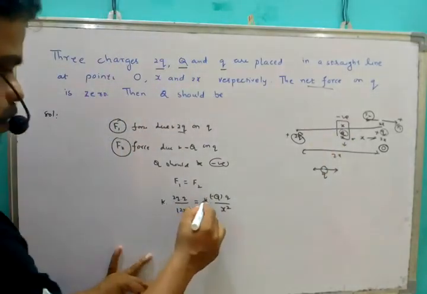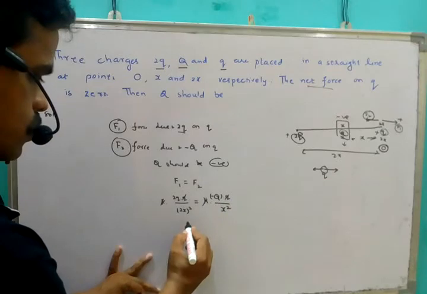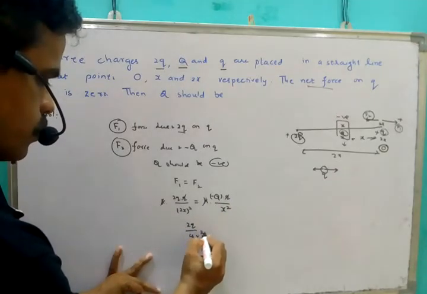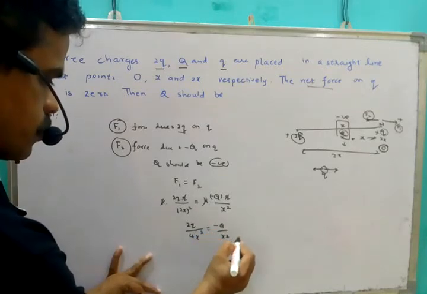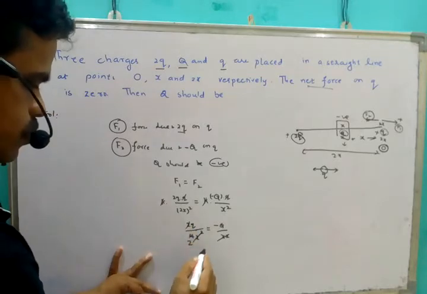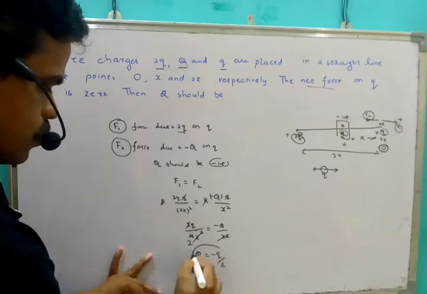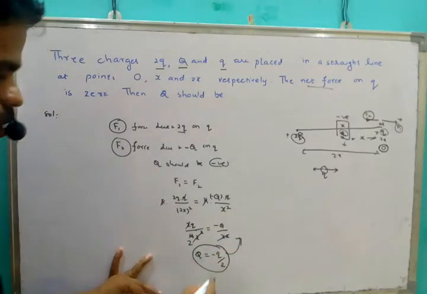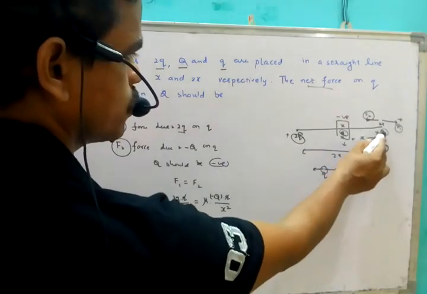So here small k cancels. Here 2q by 4x square equals minus Q by x square. x square will be cancelled, then 2 by 2. So Q equals minus q by 2. So Q should be negative, and it is q by 2, it is half of the q.